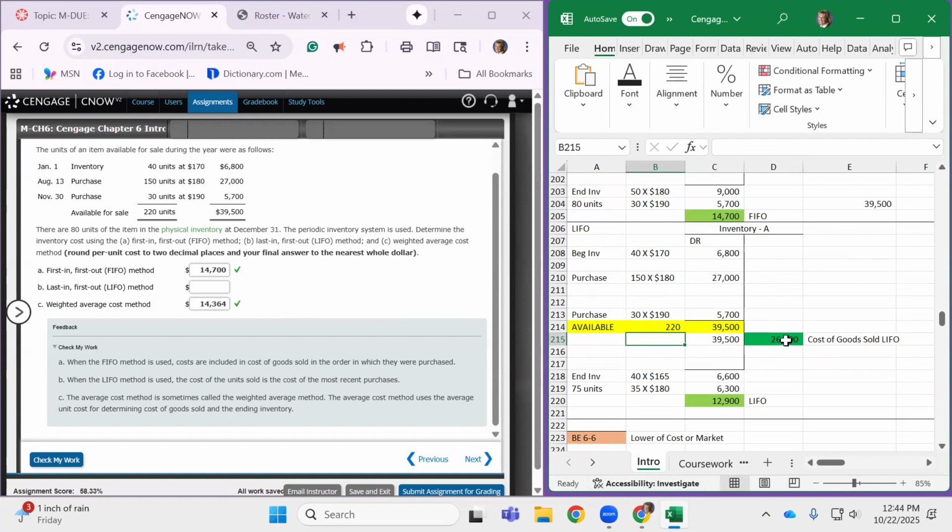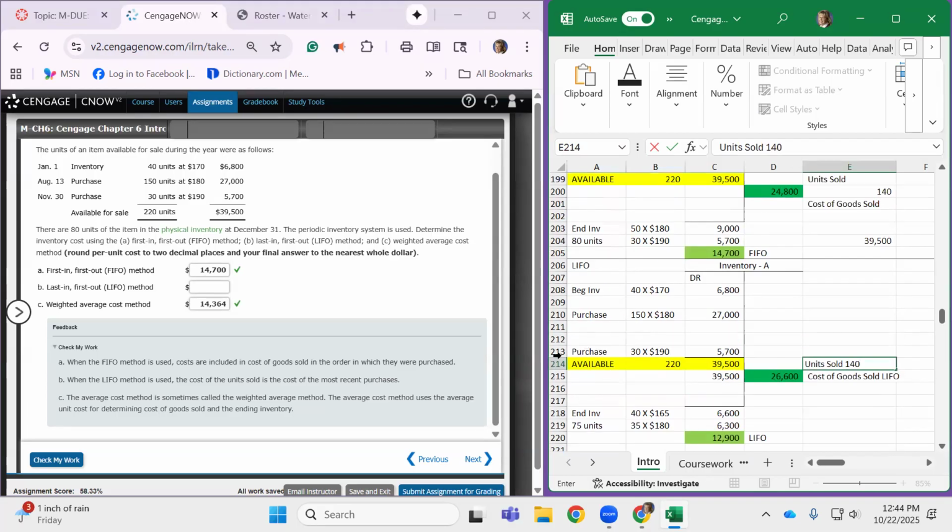Okay. So that means we're selling 140 units. Units sold, 140. Okay. That means we have 80 still remaining. Okay. And this is LIFO. So LIFO means that these last ones are still hanging in there. Okay.